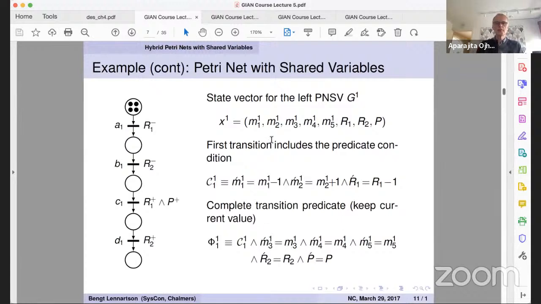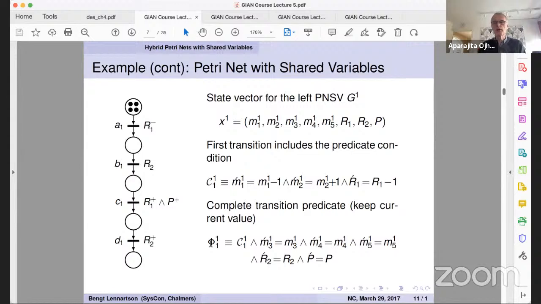So that means that the third, fourth, fifth M variable and R2 and P keep their current value. So next M3 is equal to current M3, M4 the same, and finally next P is equal to the current P. So this is now a complete transition predicate that can be used to formulate a complete model, and based on this predicate you can also simulate the system and so on.